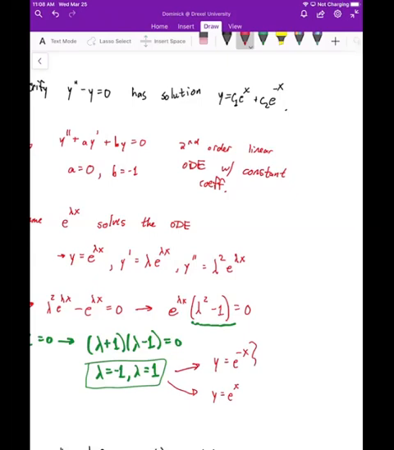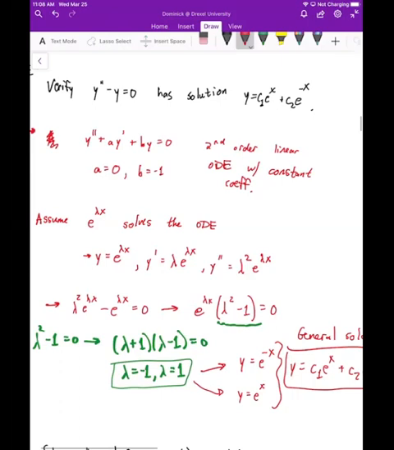Since these are both solutions, we can use our superposition principle, and we can say that we have c1 e to the x plus c2 e to the minus x. And of course, this is the general solution. Okay, so that's how we can systematically solve that ODE.